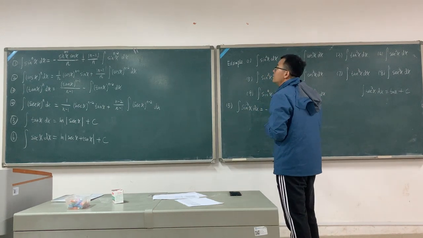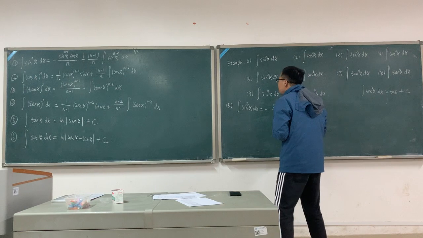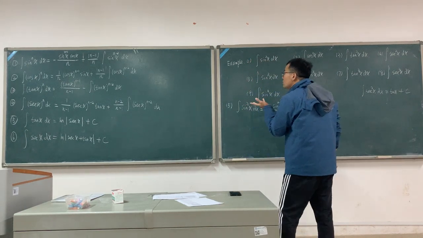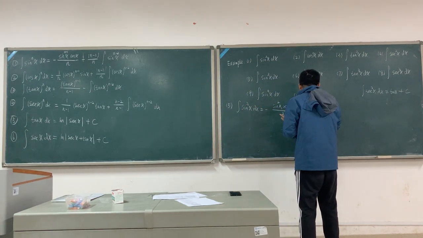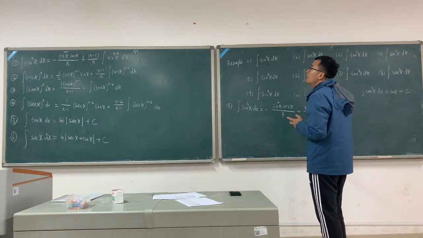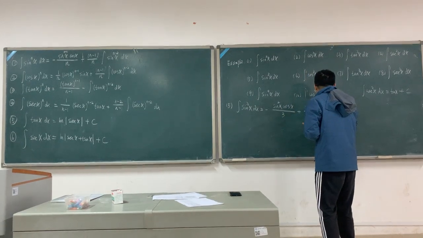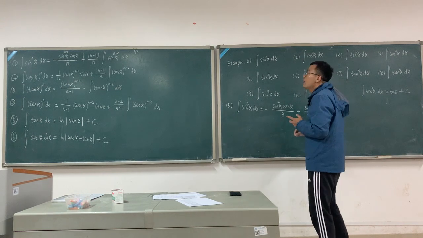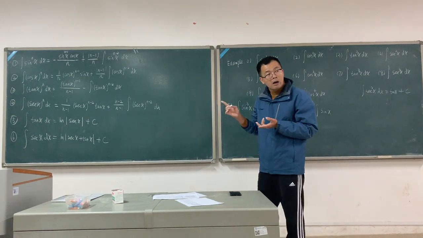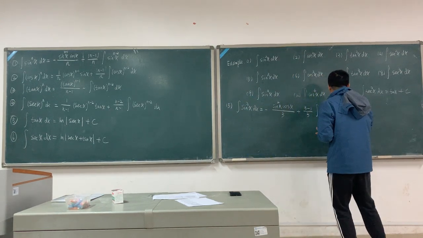Plus 3 minus 1 by 3, and the antiderivative of sin x to the 3 minus 2 power, so the 1 power dx.